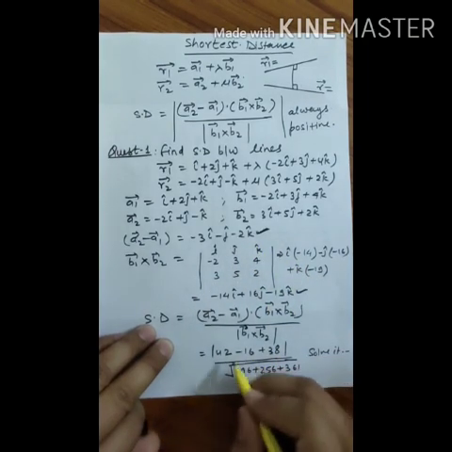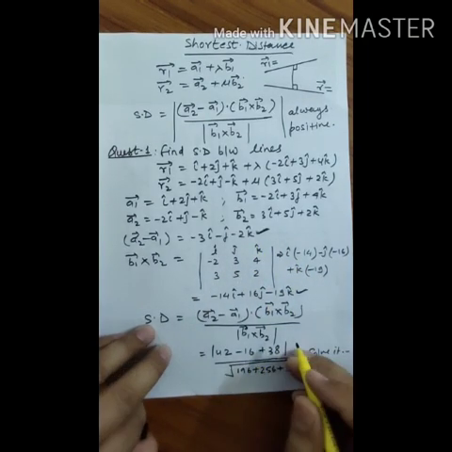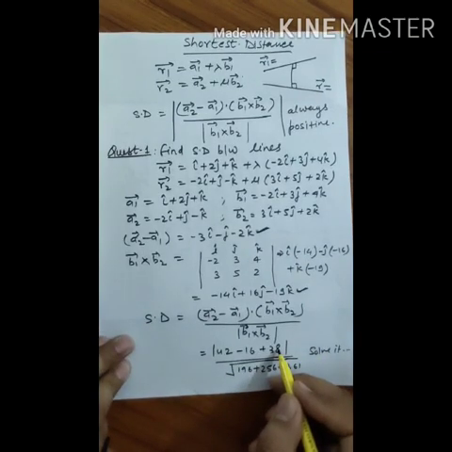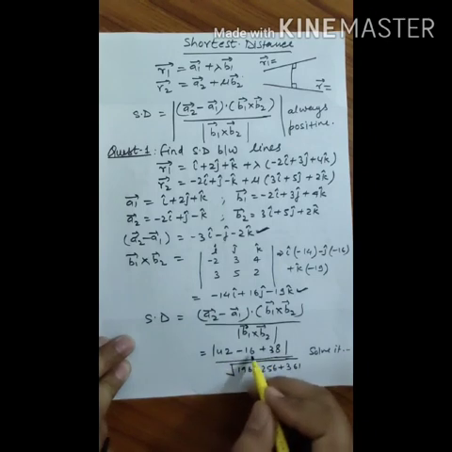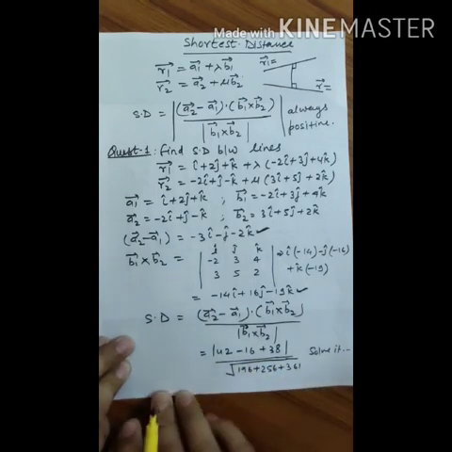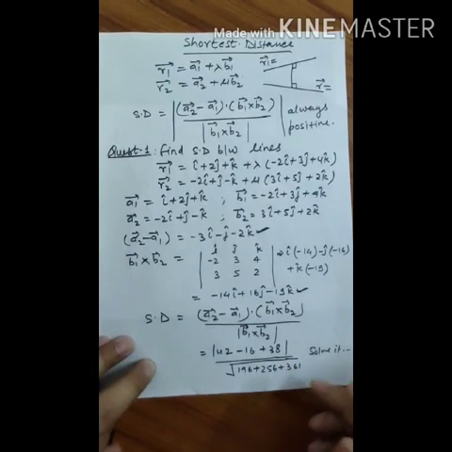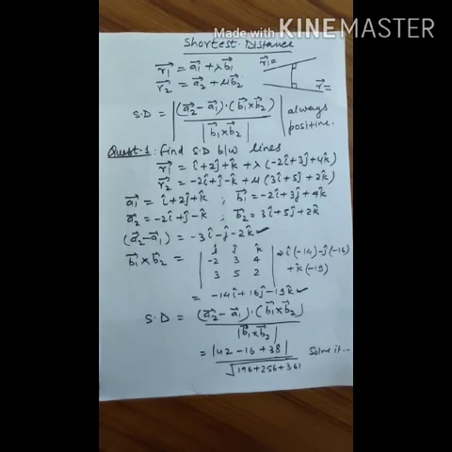Now calculate this, what do we get? 42 plus 16 plus 38 is 96... so 64 upon square root of this. In this way, you can find the shortest distance between two lines.